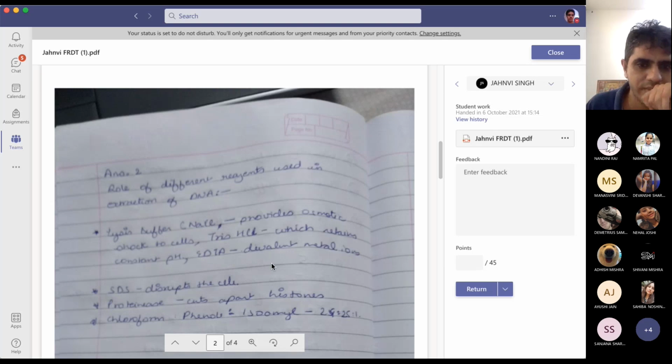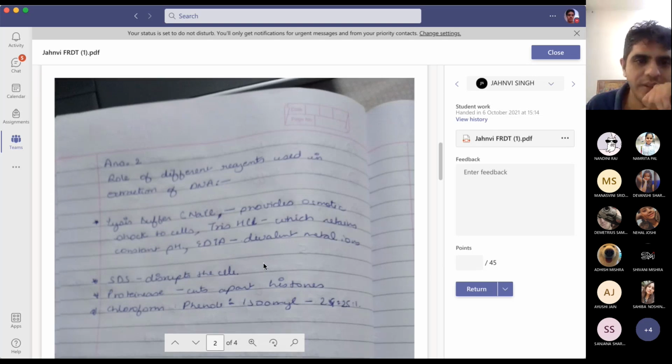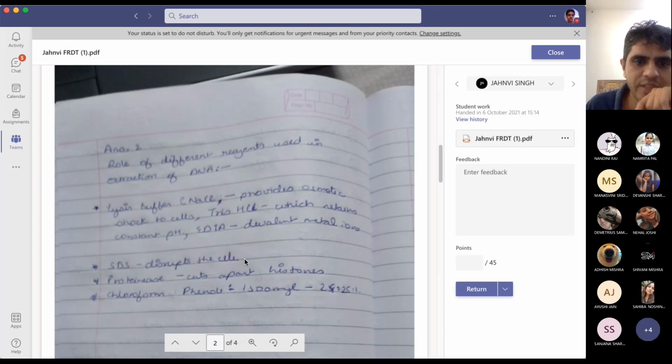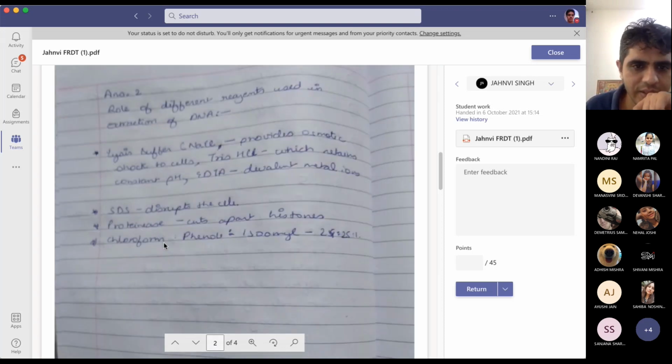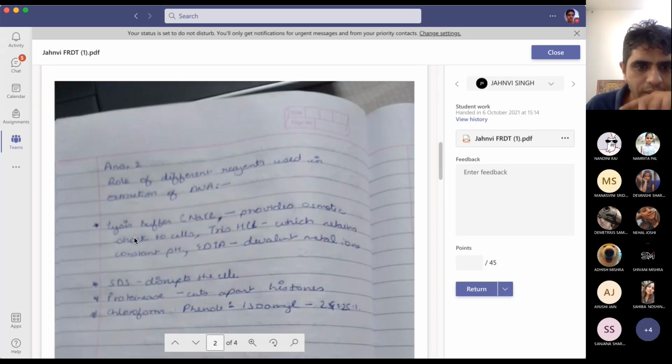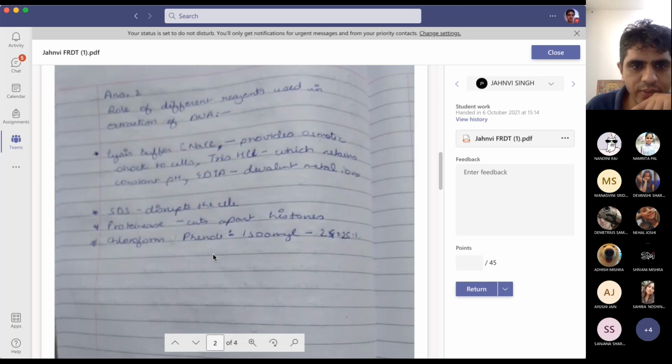I didn't write the sentence correctly, sir. So that is required. SDS disrupts the cell. How is it disrupting the cell? And proteinase cuts apart histones. It cuts apart everything, every protein. Chloroform, phenol, isoamyl alcohol, so you didn't write it also. So half marks for this.